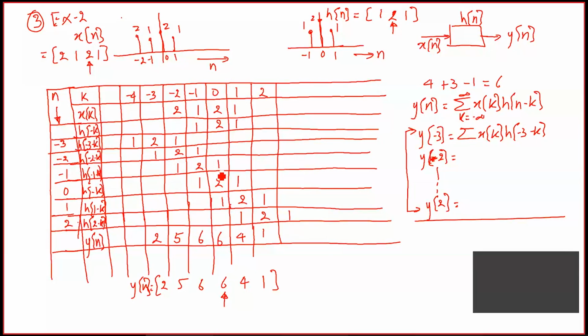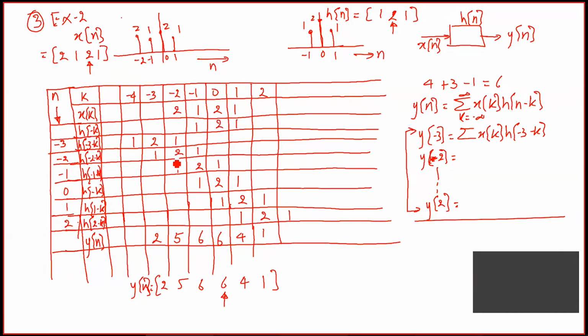After that, if we shifted further, the overlap with x of k would stop. So we stop here, and this is for n equal to 2. Then we start solving for the final answer for y of n. For n equal to minus 3, it will be h of minus 3 minus k with x of k.